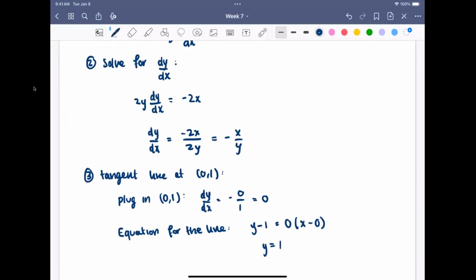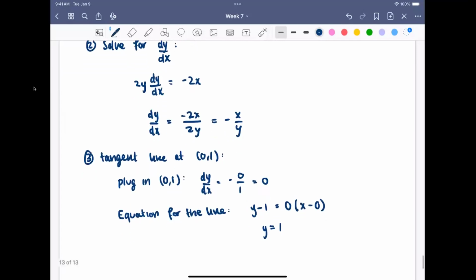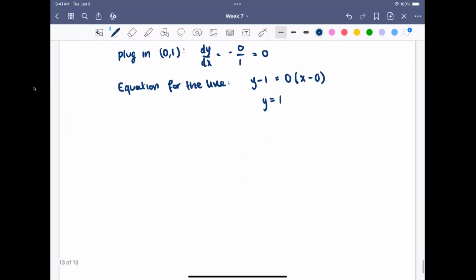Okay, so let's do another example. We'll look at the folium of Descartes: x cubed plus y cubed is equal to 6xy at the point (3, 3).